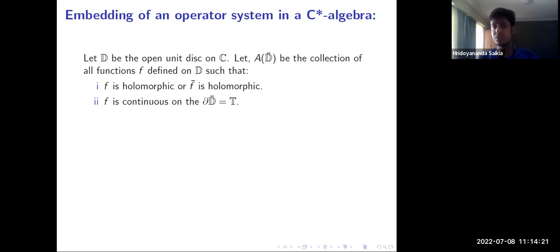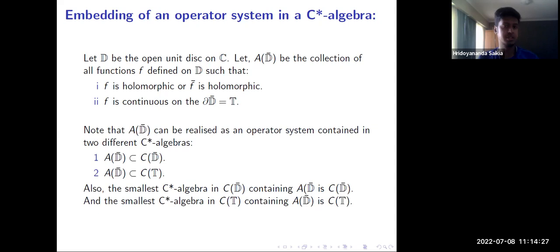Now I can have two different C-star algebras containing the same operator system. Firstly, A of D bar is contained in C of D bar, the set of all continuous functions on D bar, and A of D bar can be thought of as an operator system contained in the C-star algebra C of T, continuous functions on the unit circle.